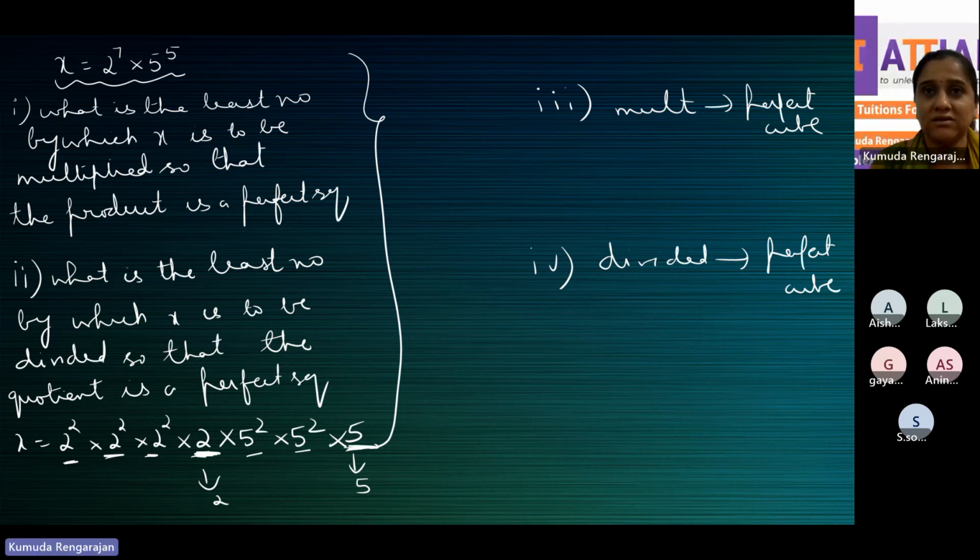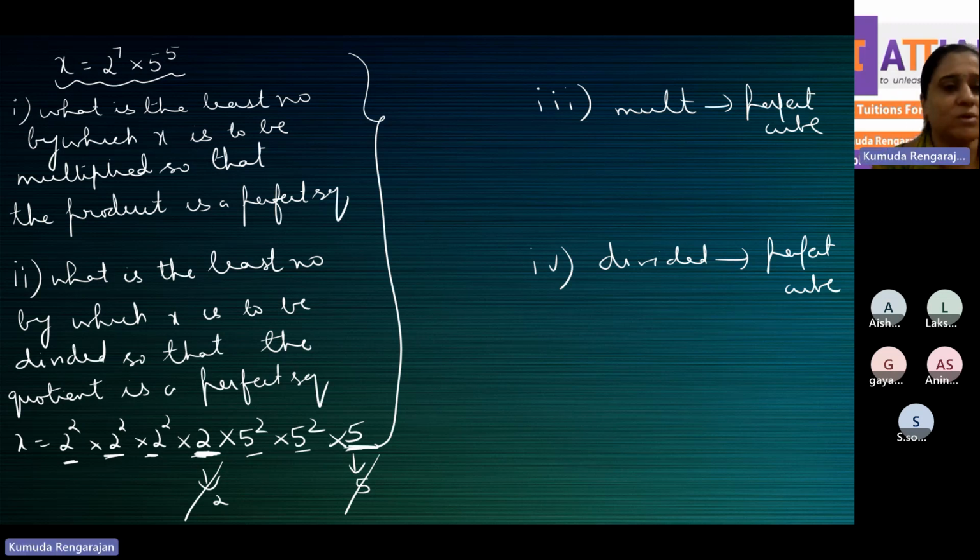Correct? By what should it be divided? Take away the numbers that do not occur in pairs. Take away this 2 and this 5, that is 10. So X should be divided by 10 so that the quotient is a perfect square.